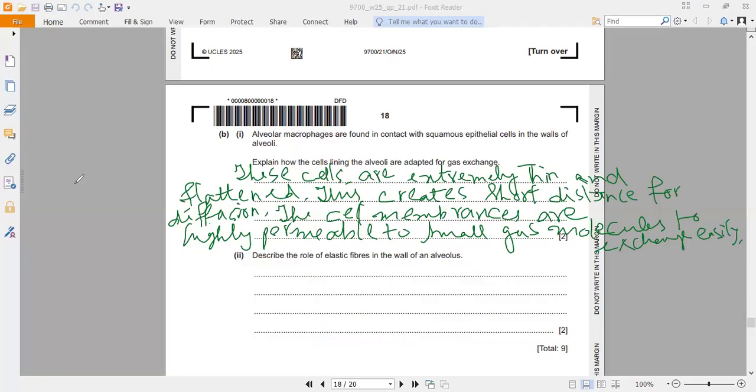The next question is, describe the role of elastic fibers in the wall of the alveolus. The elastic fibers are primarily made up of the protein elastin. They allow the alveoli to stretch and expand as they fill with air during inhalation, which increases the surface area for gas exchange.